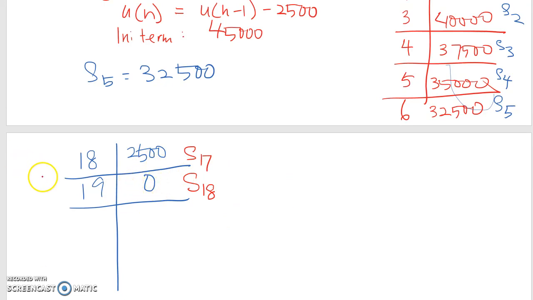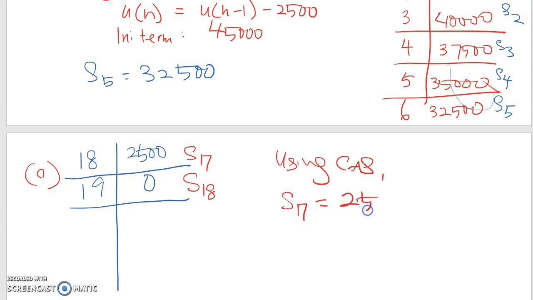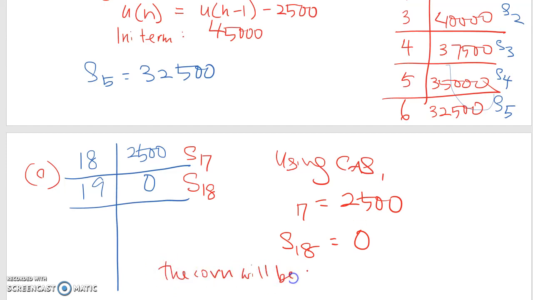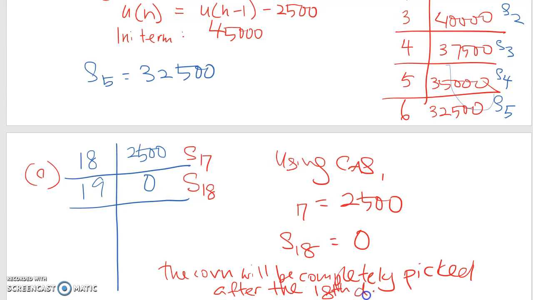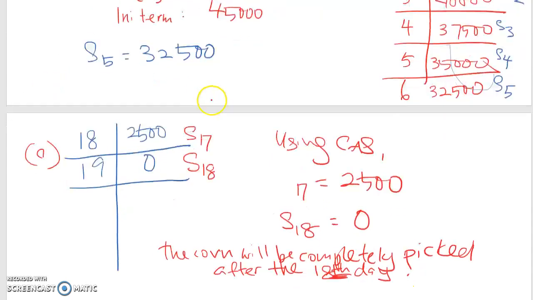So this is part C. We can write down using CAS, we can tell that S17 is actually 2,500 and S18 is 0, which means that the corn will be completely picked after the 18th day. And that completes it. That's how to do question 21.